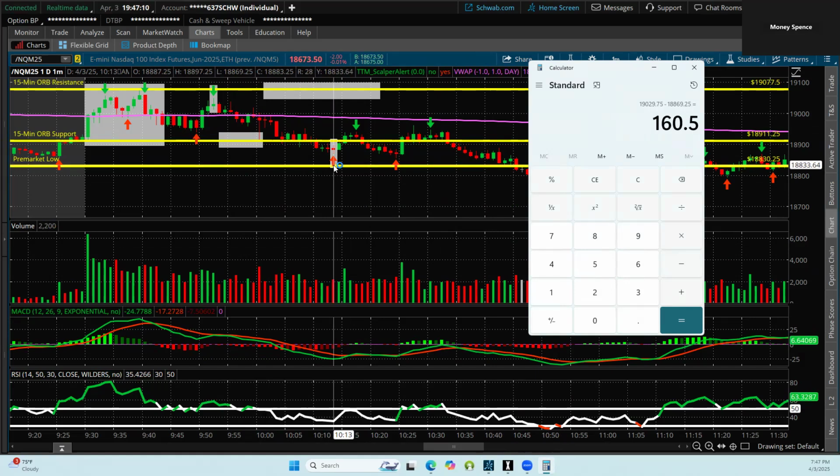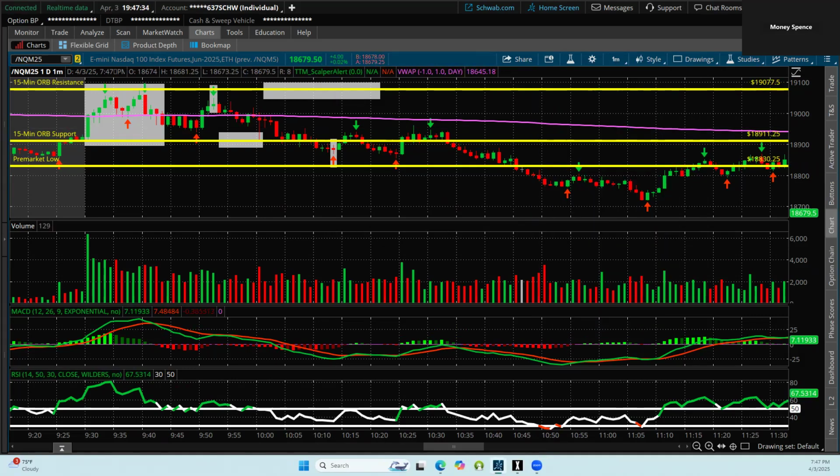So we had a 160.50 point move. You would multiply that by 20, and you would have a profit of $3,210 off of one contract.